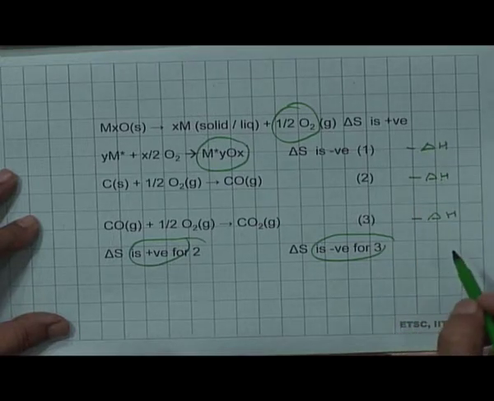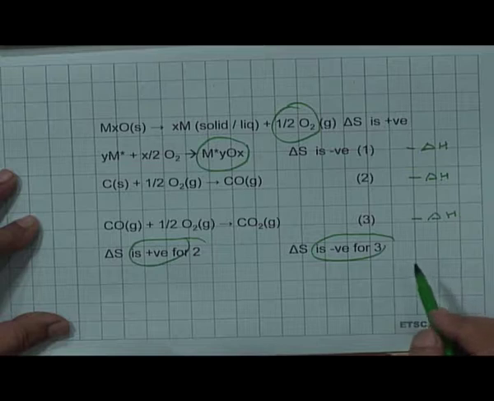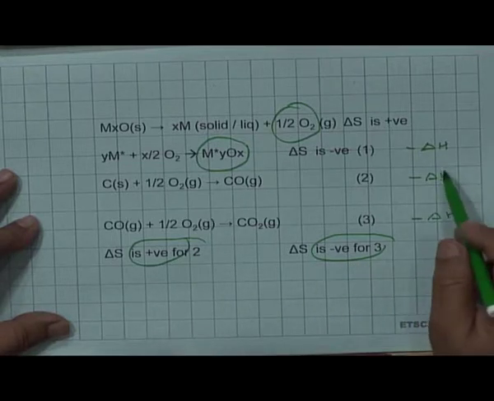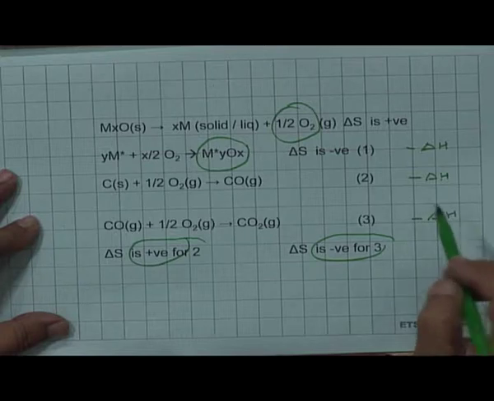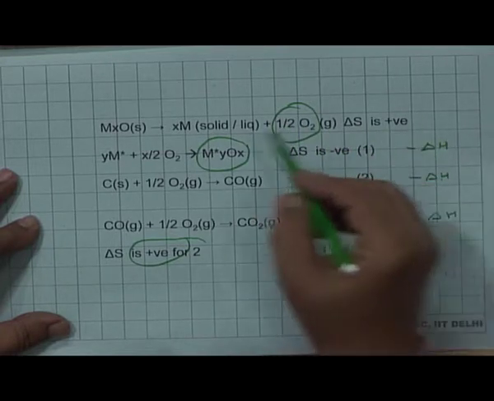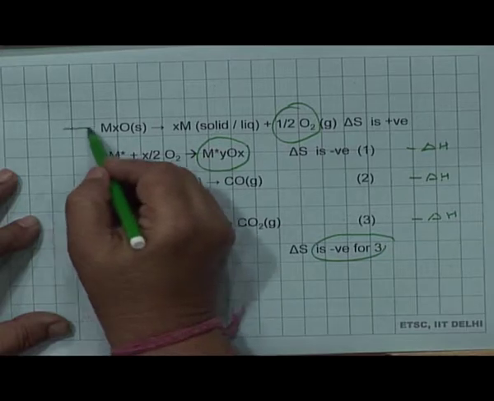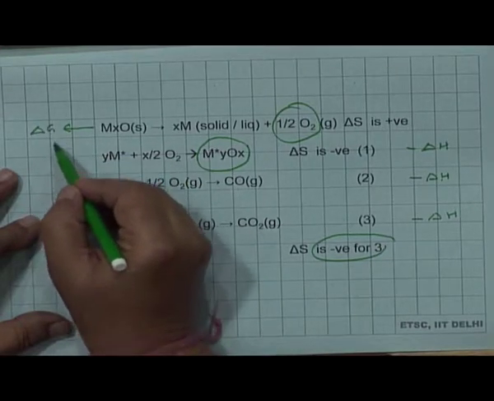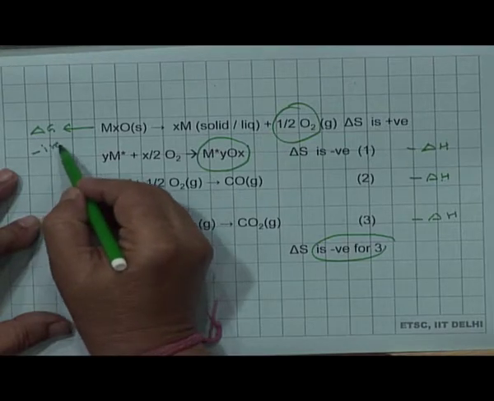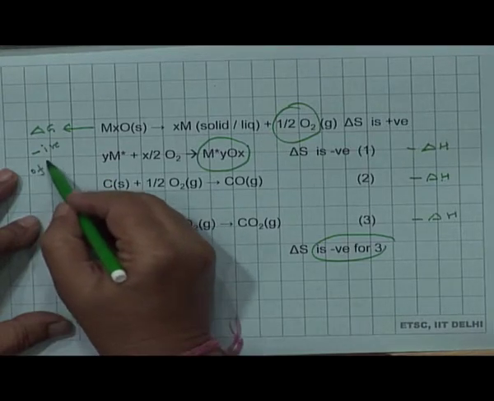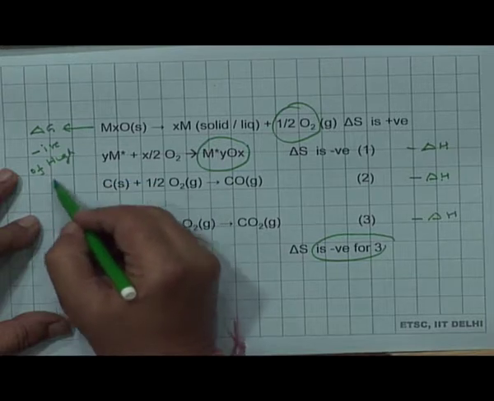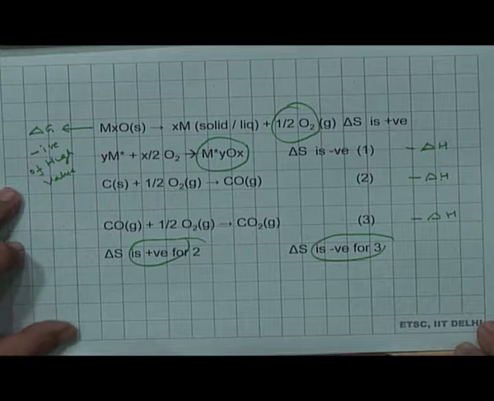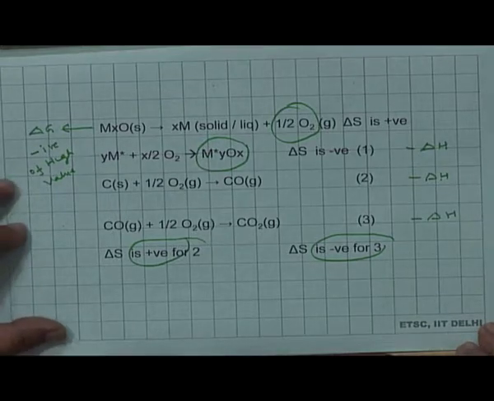So, the joint effect of change in delta S and delta H should be of the type that delta G for this particular reaction becomes negative and of high magnitude.